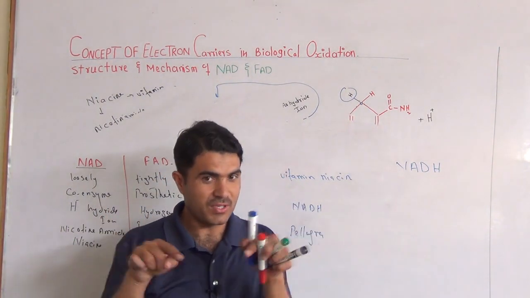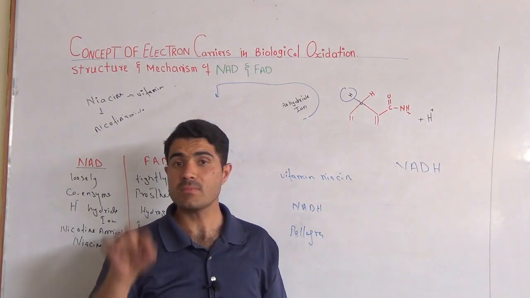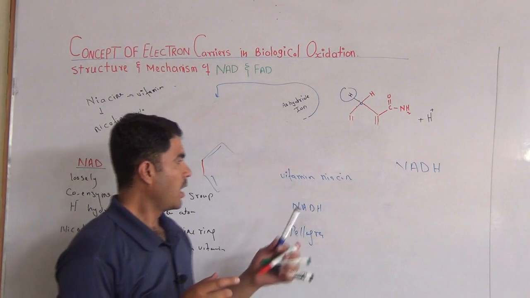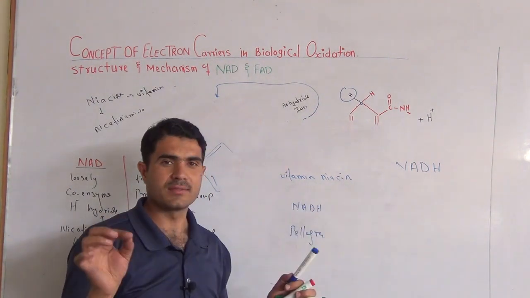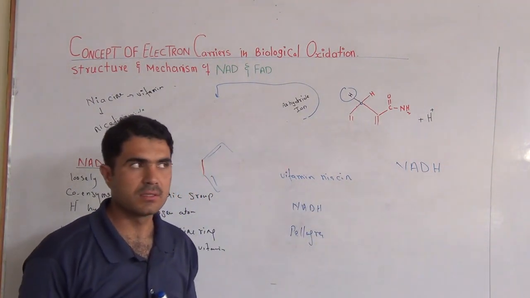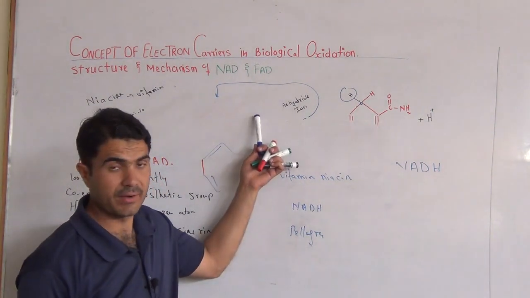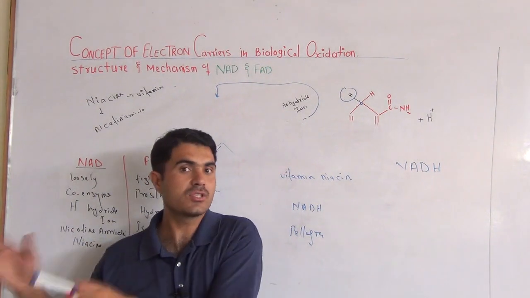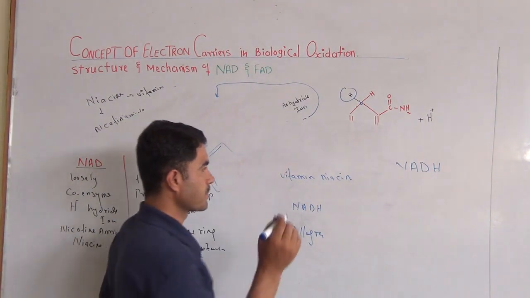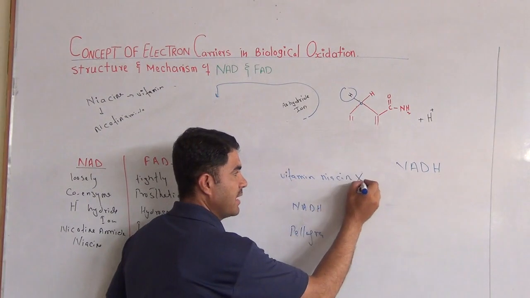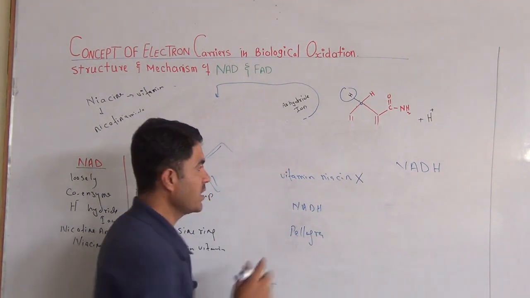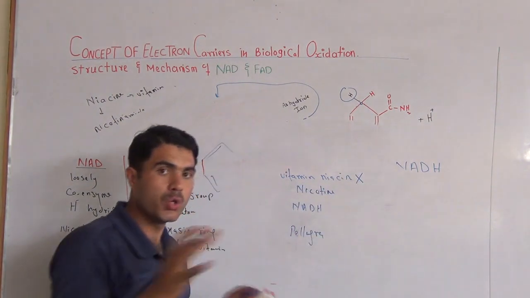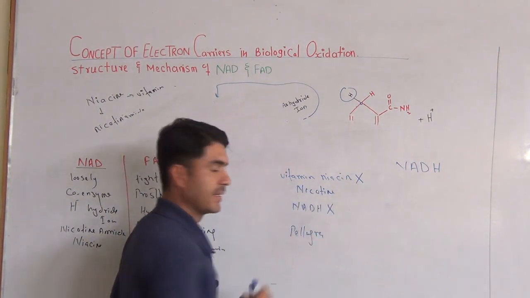One example of this situation is the absence of the vitamin niacin. Vitamin niacin gives us nicotinamide, right? And that nicotinamide is part of the dehydrogenase enzyme. Now see, if there is no vitamin niacin, there is no nicotinamide. No nicotinamide means no NADH.